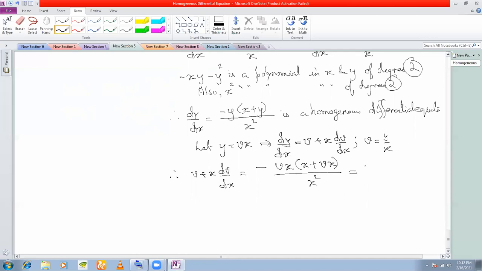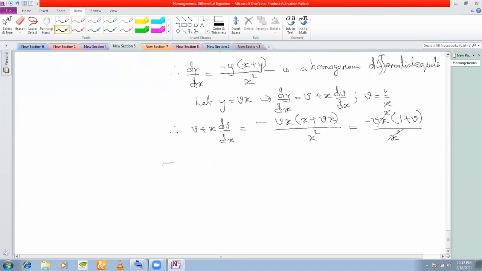If you take x common, you get minus vx square into (1 plus v), divided by x square. Now x square and x square cancel. So you are left with v plus x dv/dx is equal to minus v into (1 plus v).